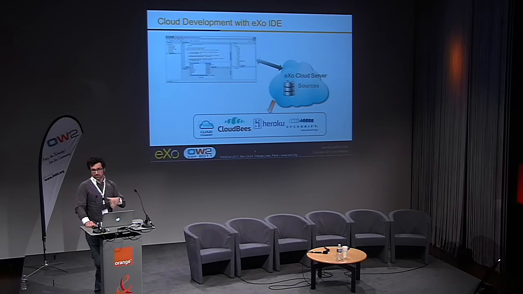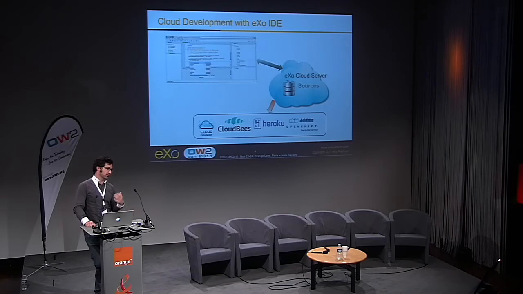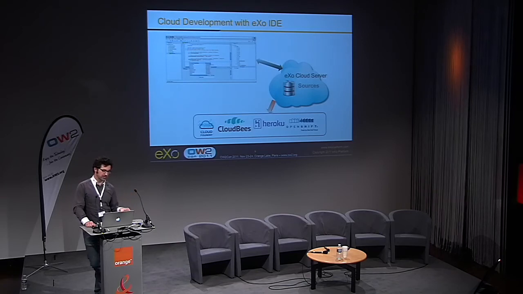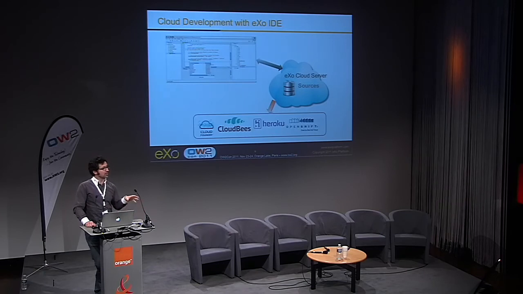Our cloud server, which is currently deployed on Amazon EC2, is using our content repository to store a part of your sources. You can edit your code, modify your applications, and build your code. When you want to deploy it, like more and more PaaS, what they are using to deploy is Git.